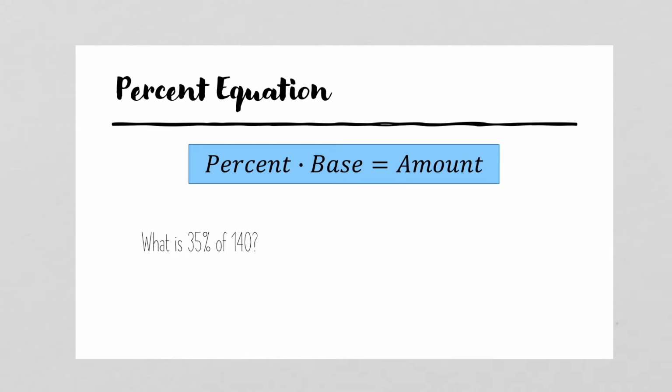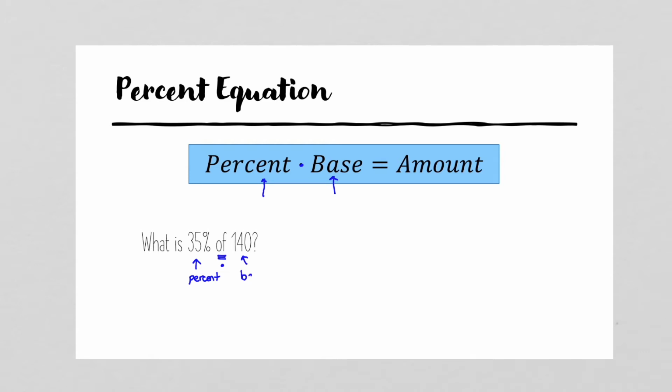So what is 35% of 140? Notice in your percent equation, you always take a percent of a base, or the percent always gets multiplied by the base. So in our question, we have the word of here, which we know means multiplication in mathematics. So we are taking the percent, or 35% of, multiplied by 140.